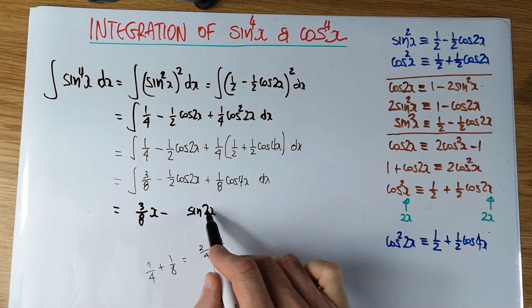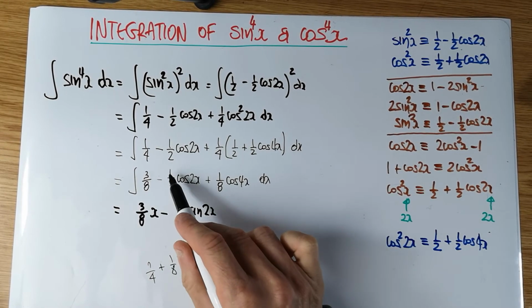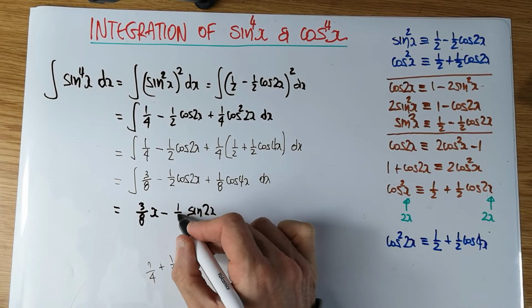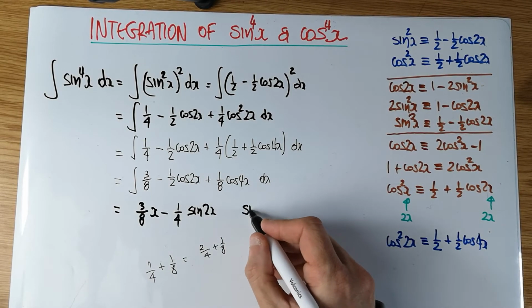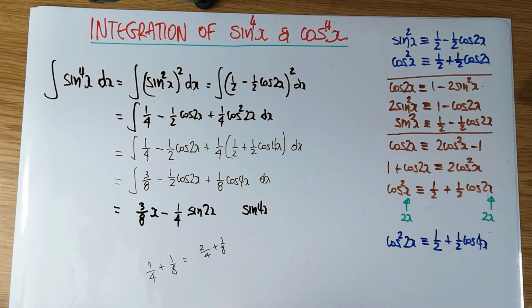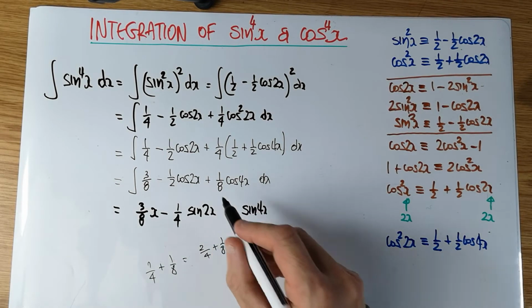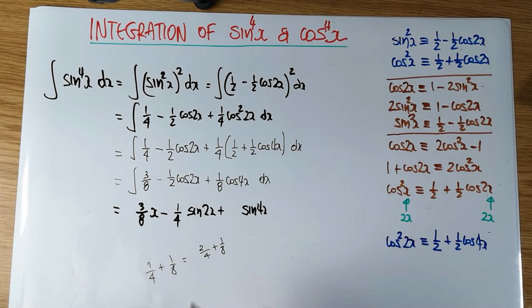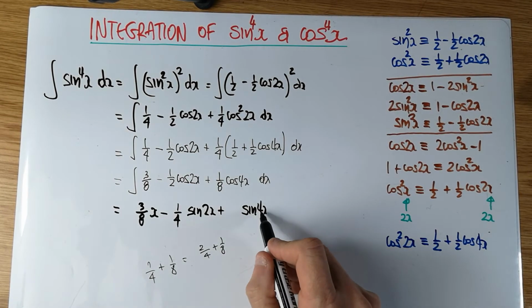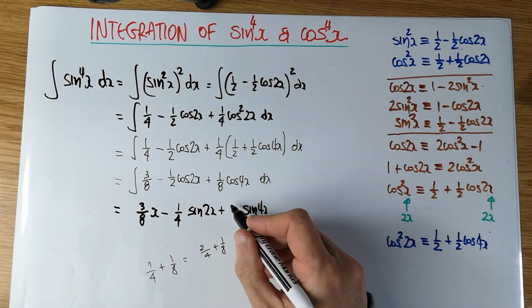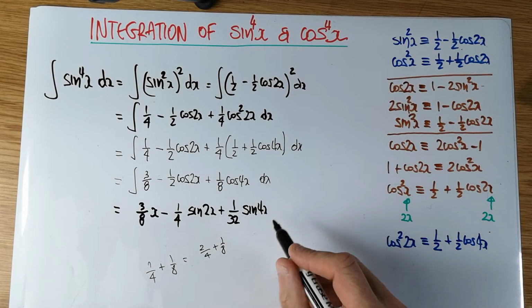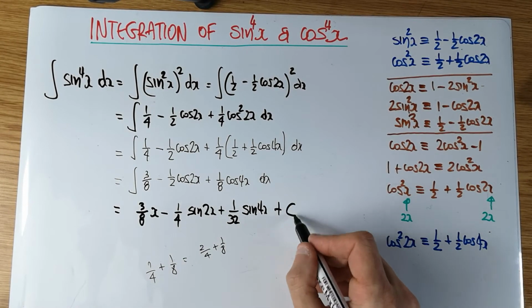It also produces a times 2, so I need to divide by 2, so half divided by 2 is 1/4. And lastly, to get the cos of 4x, I need to differentiate a sine of 4x. Sine differentiates to the plus, so the plus just gets maintained. And then also a divide by 4 from the differentiation of this 4x. So this is going to give us 1/32 sine of 4x plus a constant.